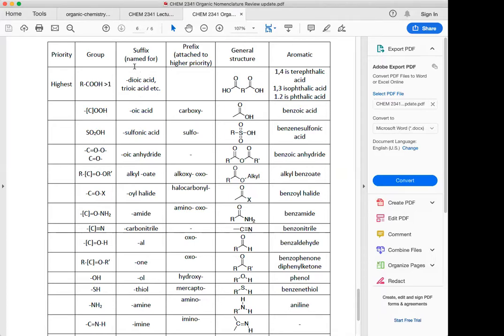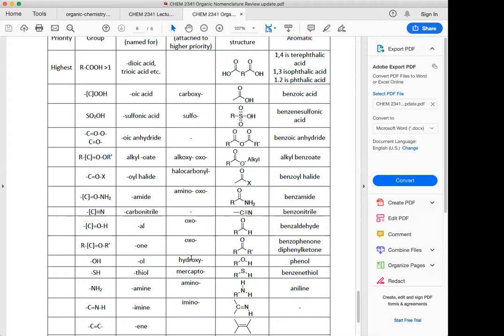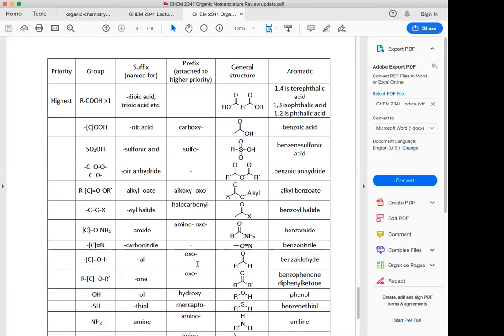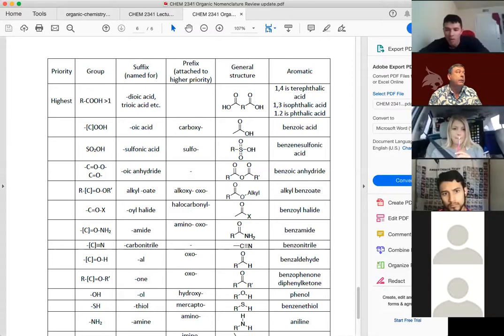If you have a higher priority group naming your compound, and you have another functional group, you have these other groups here to call them. So for example, aldehydes and ketones, we call those oxo groups. An amide actually would be amino-oxo in there. If we have a hydroxy on there, if it's named for something higher, we name it hydroxy. So these are the names you would name other things that are less priority than the one you have.